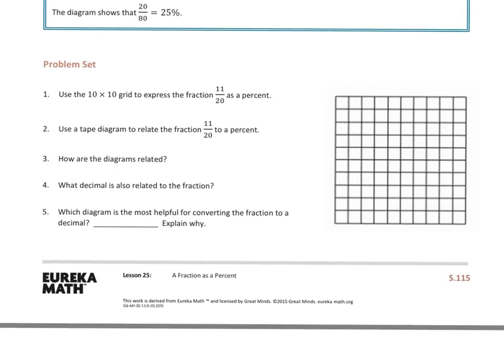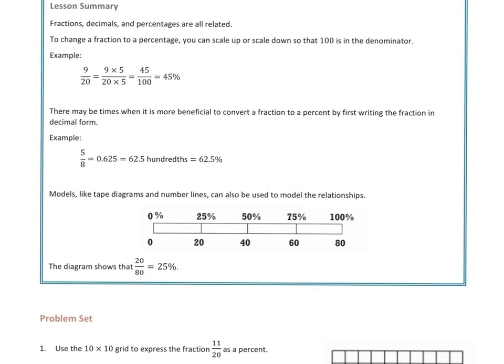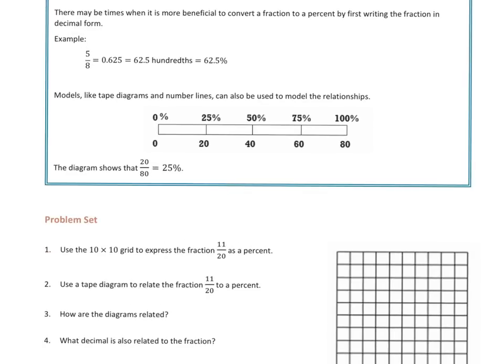So for this first one it says, use the 10 by 10 grid to express the fraction 11/20ths as a percent. So what I really need to do, and they give us a pretty good example of it up here, is I want to turn it into a fraction out of 100.